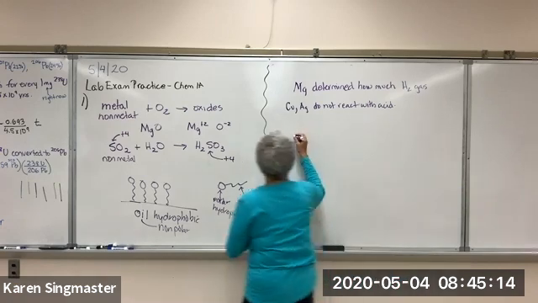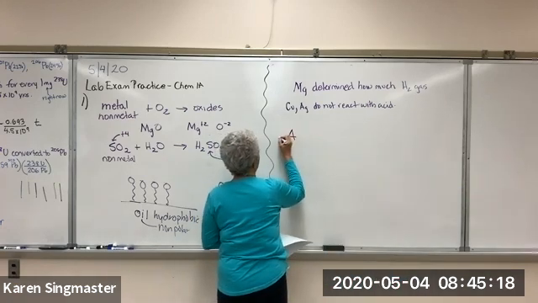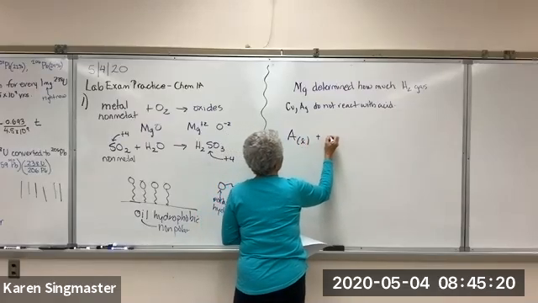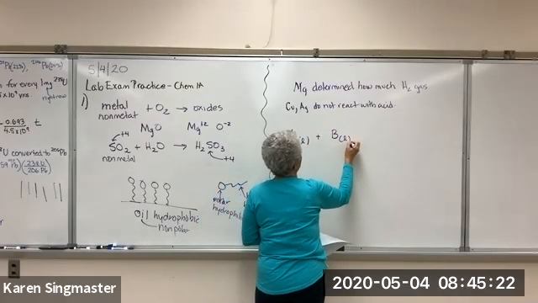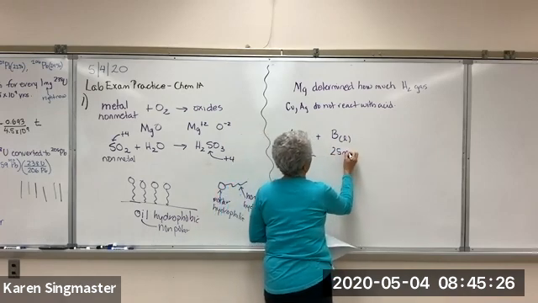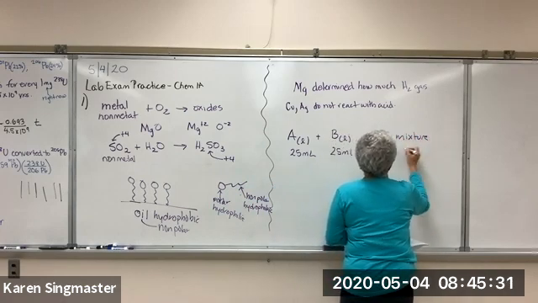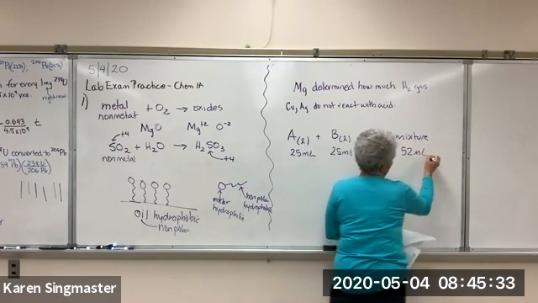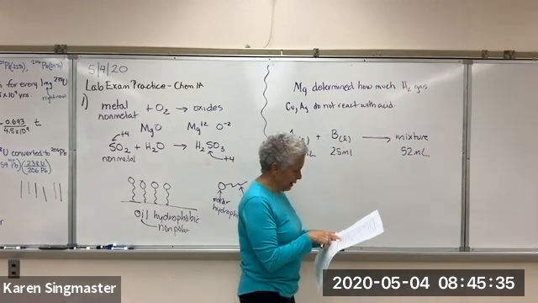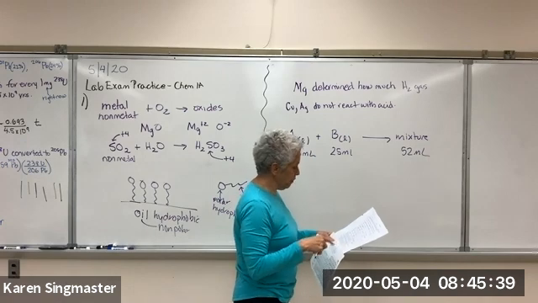So I combined volumes, liquid A plus liquid B, and let's say 25 ml plus 25 ml, and the mixture is 52 ml. I'm just giving numbers here, right? So I combined liquids A and B, and the volume was larger than the sum of the pure volumes.